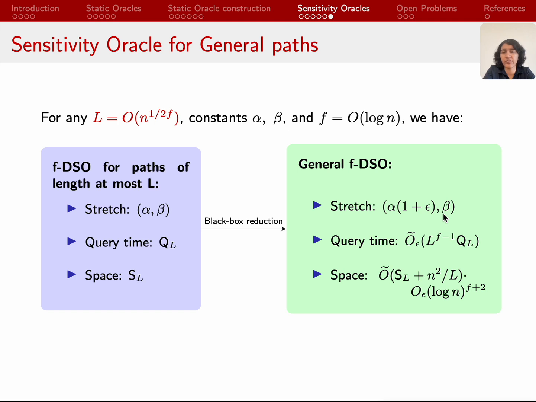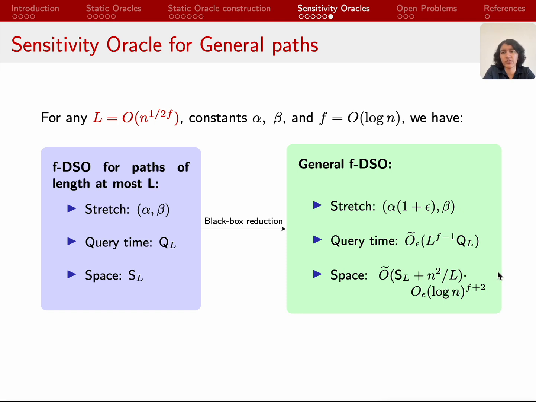So the additive error remains the same, and the multiplicative error is increased by just a 1 + epsilon factor. The query time is increased by a factor of L^(f − 1), and space is increased by a factor of n^2/L, ignoring log terms.